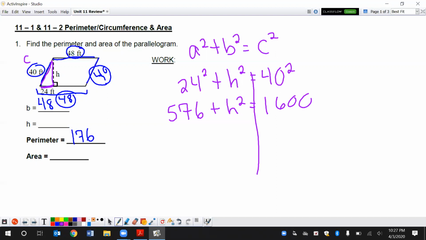And so now I have to get h by itself. So the first thing I'm going to do is subtract the 576 from both sides. And so now 1600 minus 576 is gonna give me 1024.